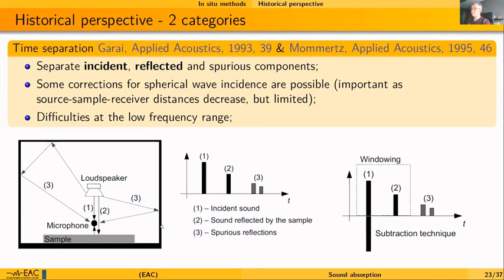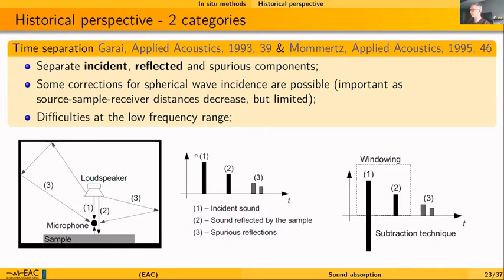Imagine that now this room is an anechoic room, with no material, and you measure in free field conditions just this first component. So no spurious reflections and no reflections from the sample. Then, with this second measurement of the incident sound field, we can use a subtraction method.